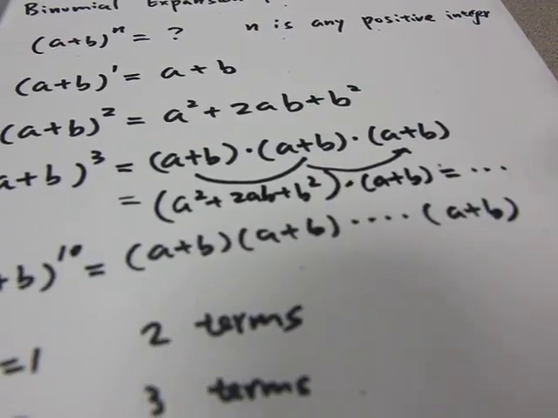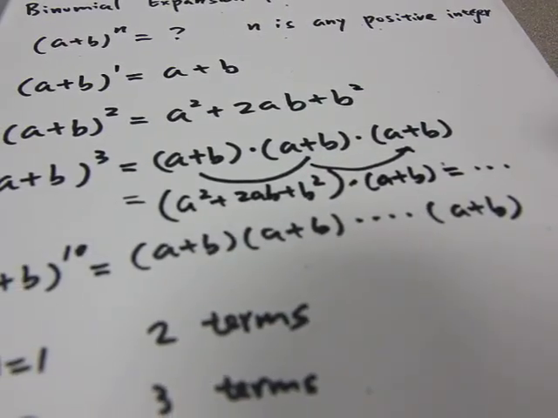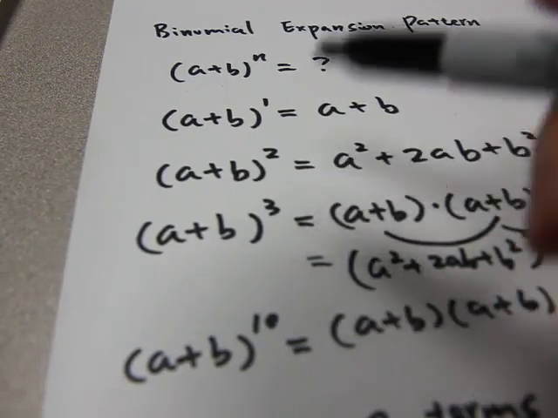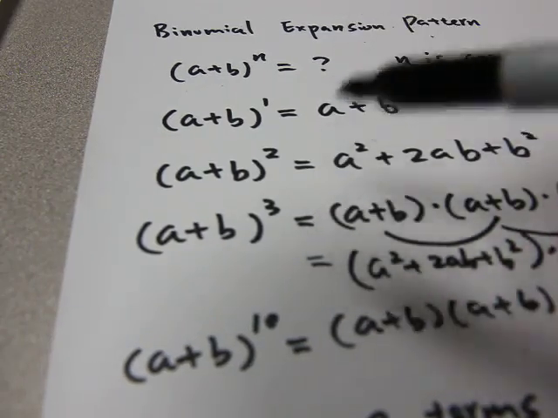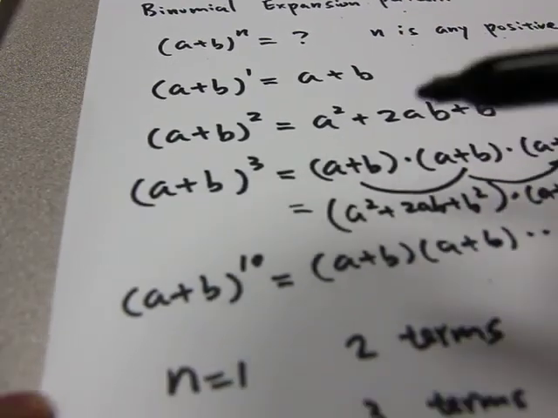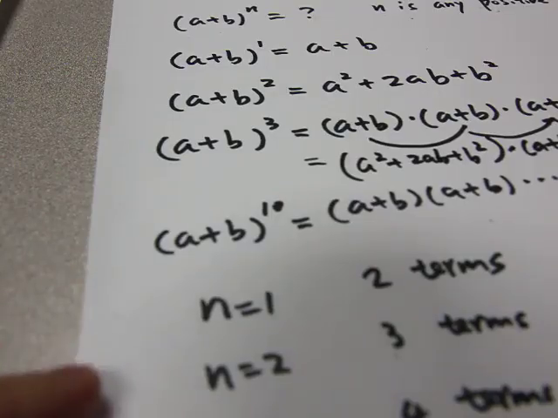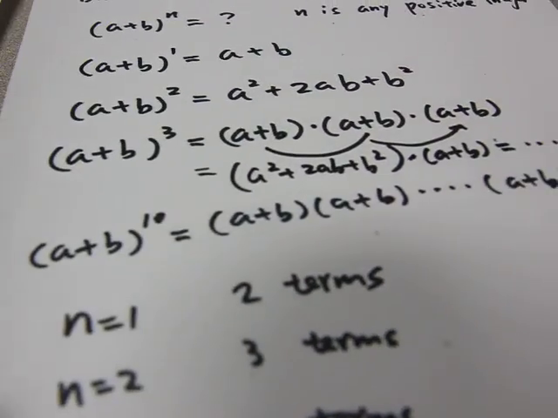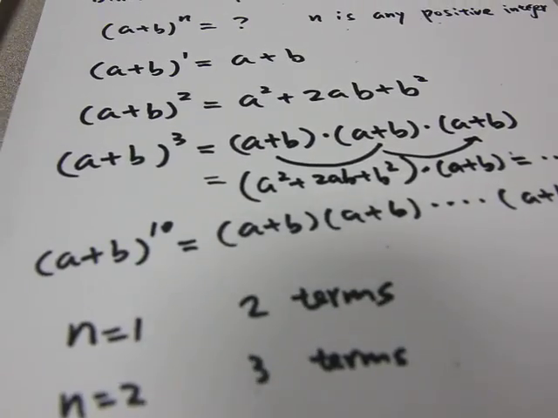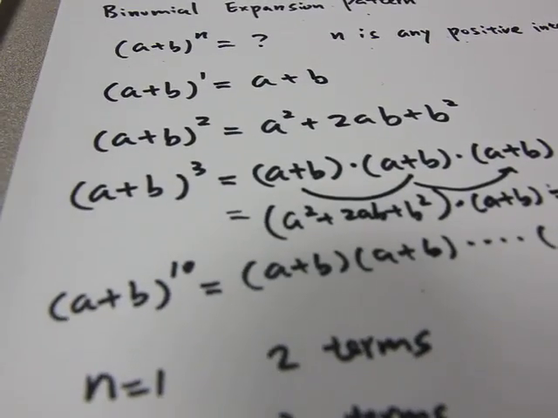Right? Now, this method is good if n is a small number, but if n is a large number, this method is not very good because you have to do a lot of work. So I want to show you an easy and efficient way to find the answer.